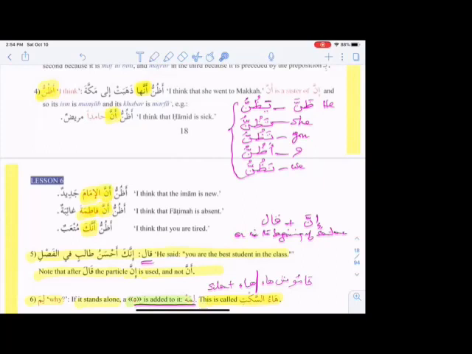So after qala, he said, now innaka. Ka is joined with inna. So this is your ismu inna, and it is mansub. Now we have to have a khabar, and it should be marfu. Where is it? I will tell you here.